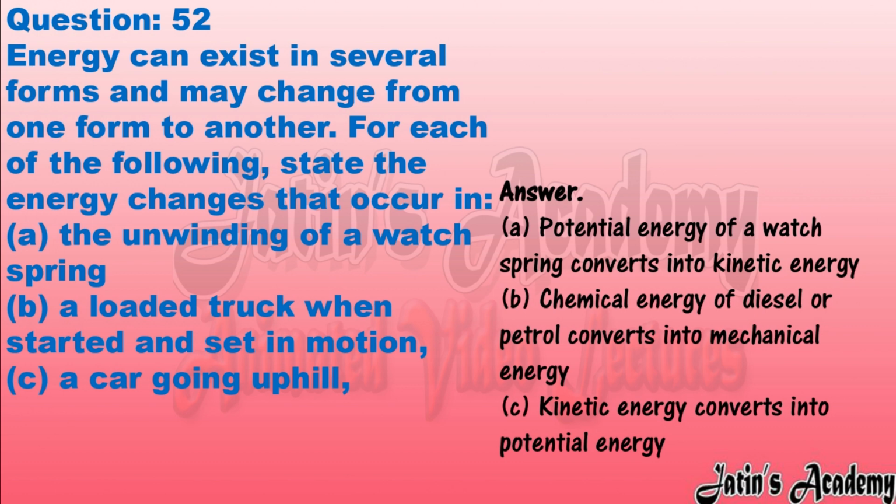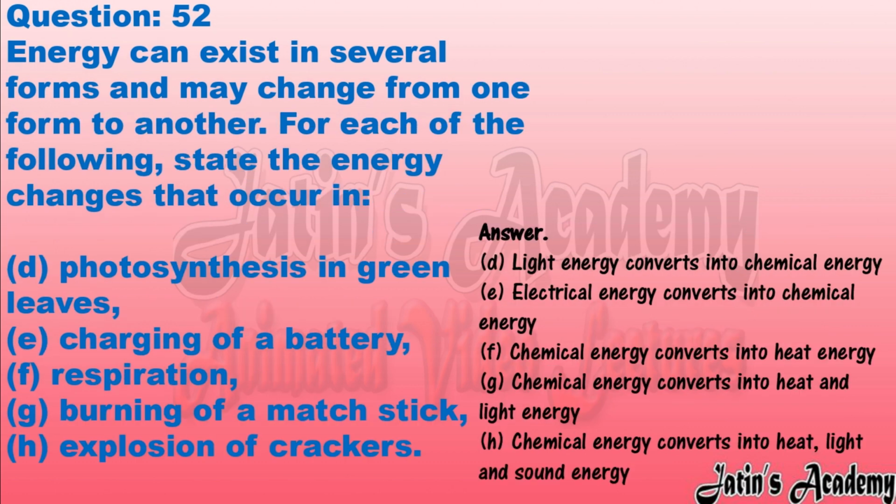Answer. Chemical energy of diesel or petrol converts into mechanical energy. Third, a car going uphill. Answer. Kinetic energy converts into potential energy. Fourth, photosynthesis in green leaves. Answer. Light energy converts into chemical energy.